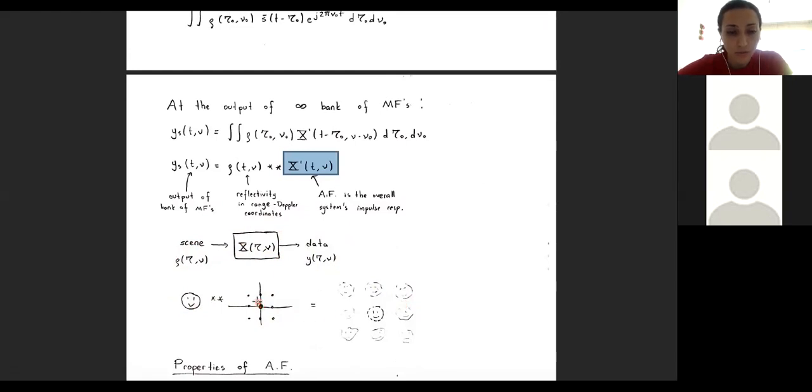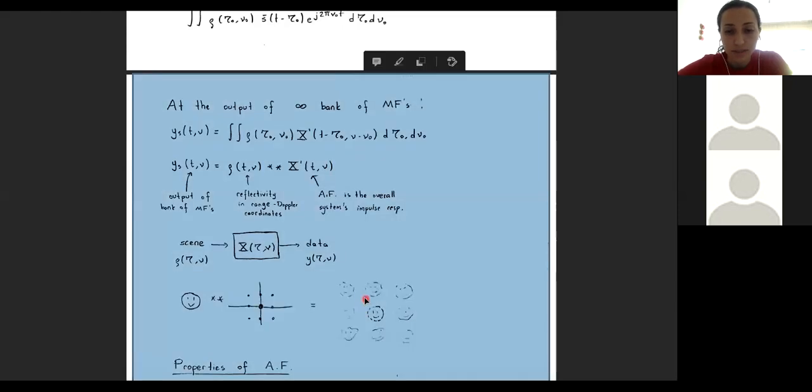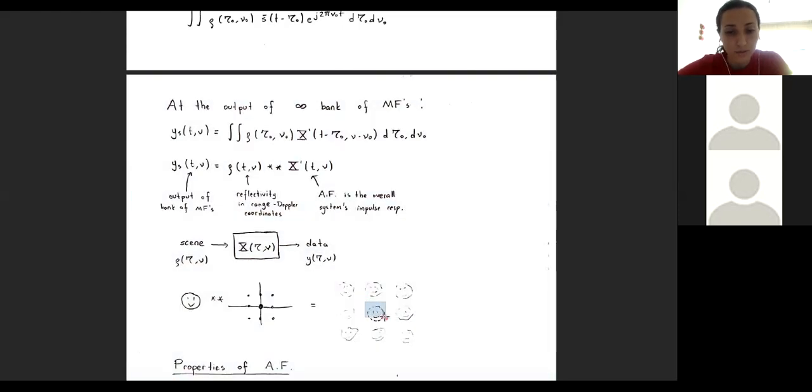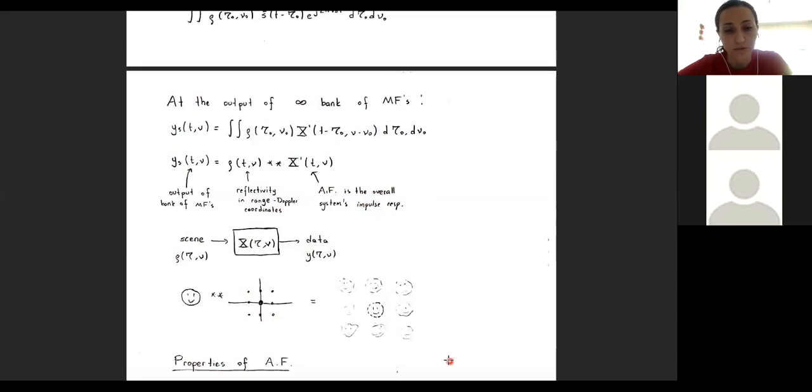The main portion of the ambiguity function that is close to an impulse will enable us to see the scene with good quality, depending on how close this main portion is to an impulse. We're also going to see replicas of this image due to the other peaks in our ambiguity function, which are unavoidable, as I said before.